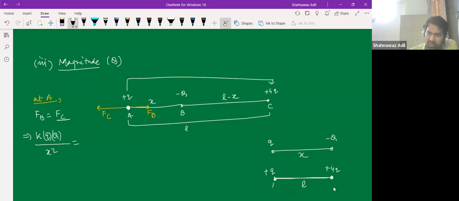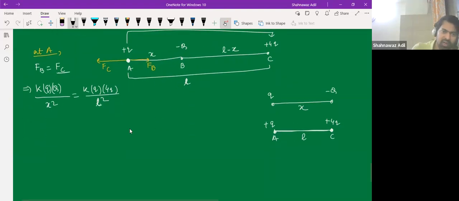This is A, this is C. So it's K Q into 4Q divided by L square, right? This is L.